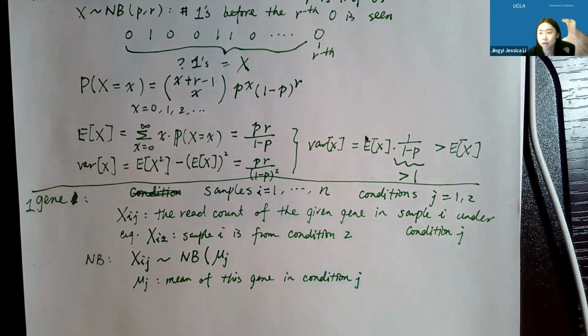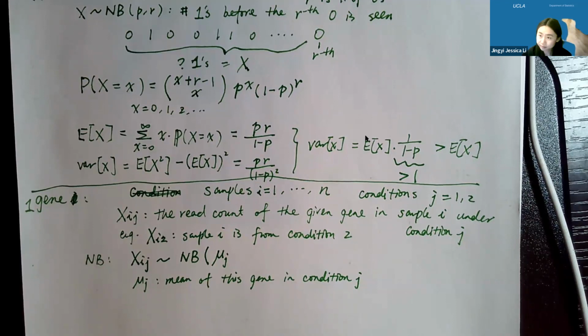I need this. But this doesn't account for the so-called batch effects. You may also have some effects that make the different samples not comparable. That's the thing we want to correct for.